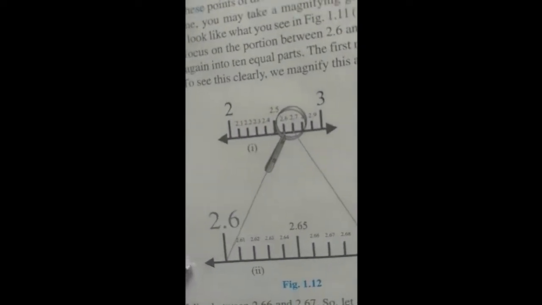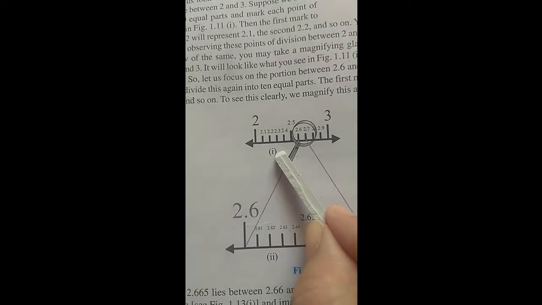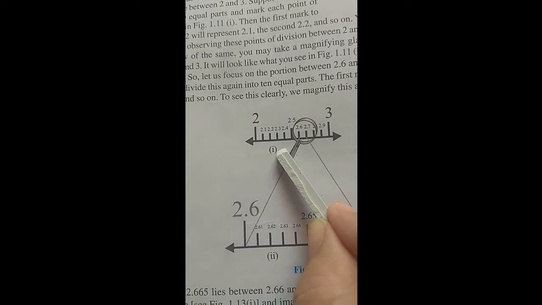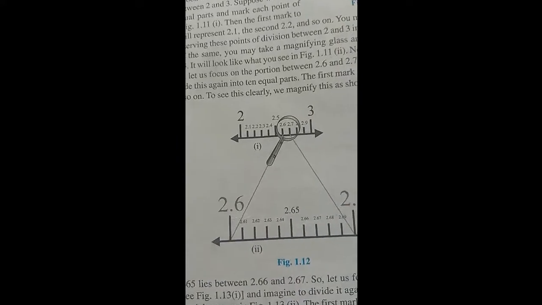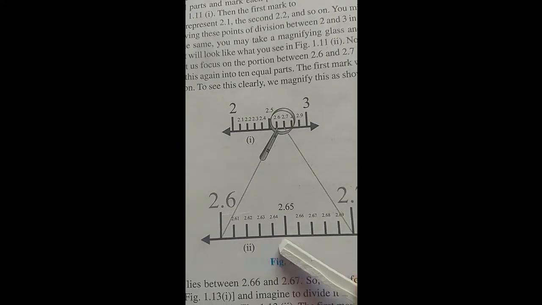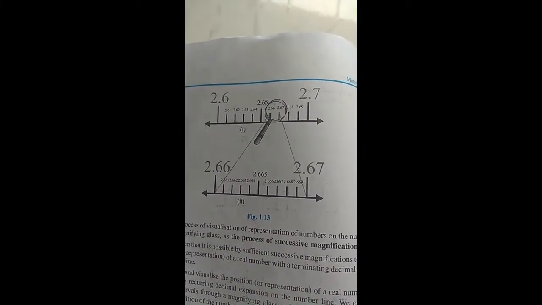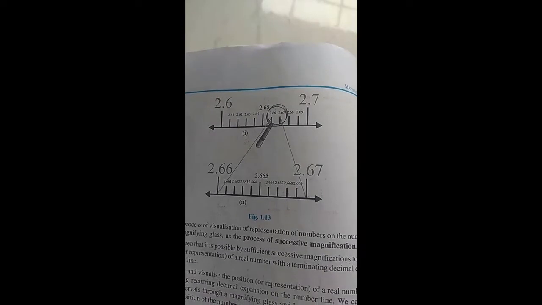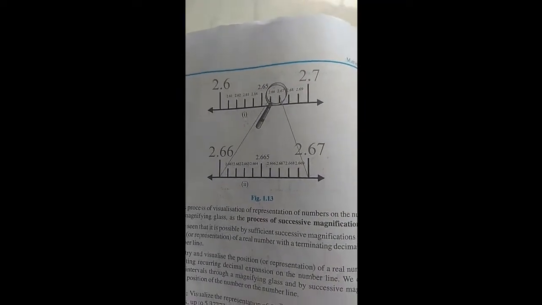Then they want the answer 2.665. So they keep zooming on here. The same thing again they did zooming on this number. Right? That is a magnifying method, you can say. And the last, they are getting 2.6666.